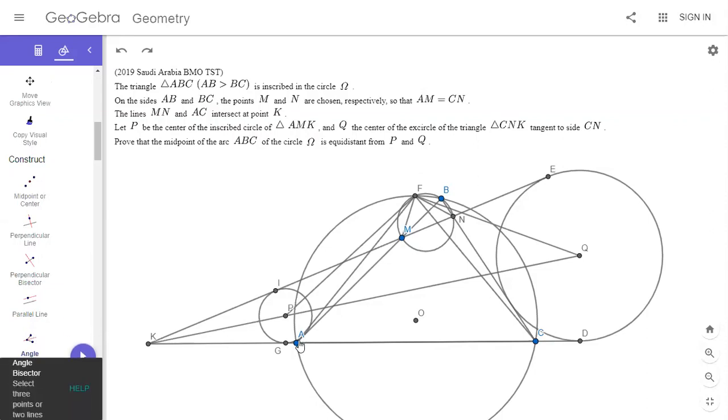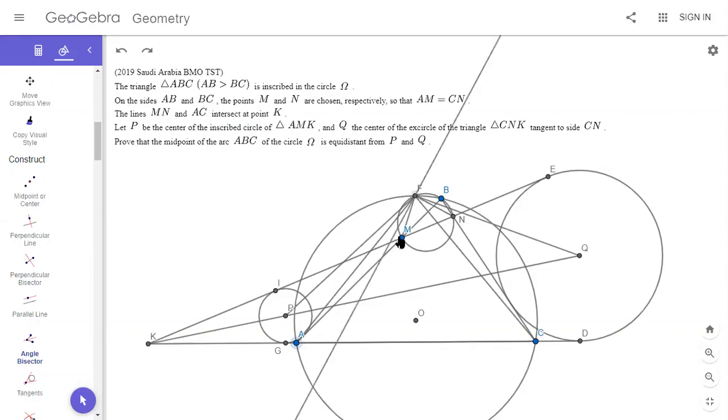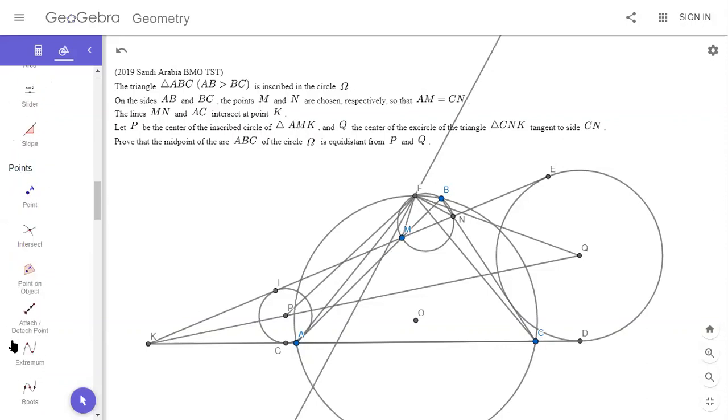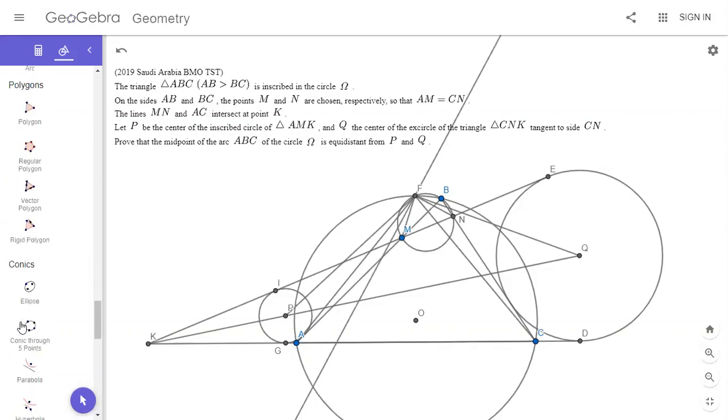Like what if I reflect triangle AMF across the angle bisector? So basically, let's do this.